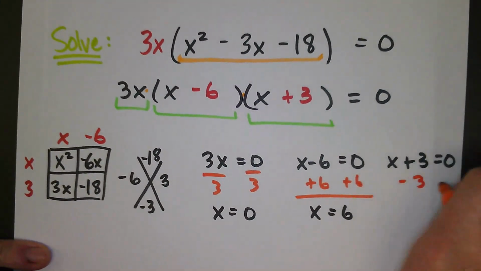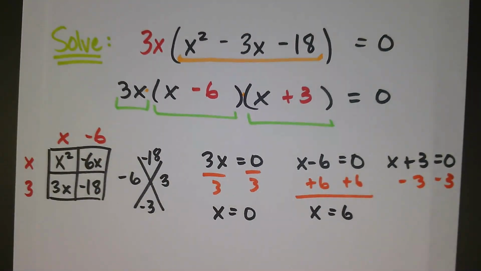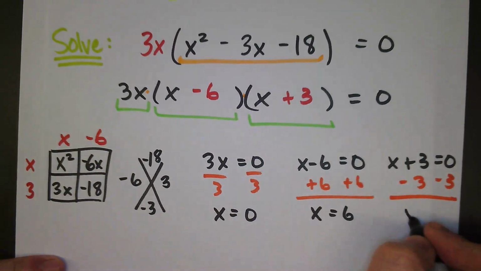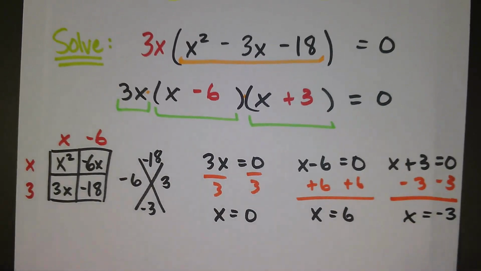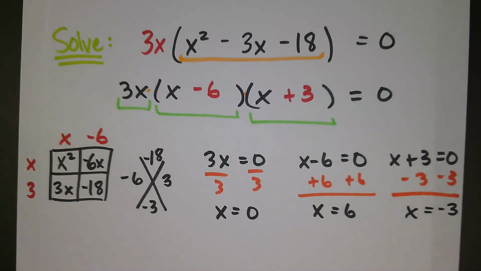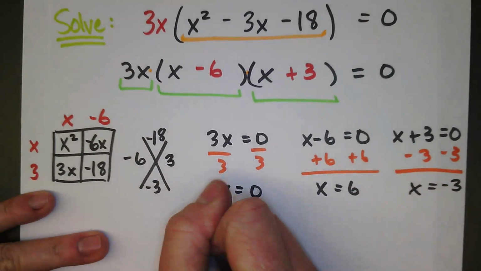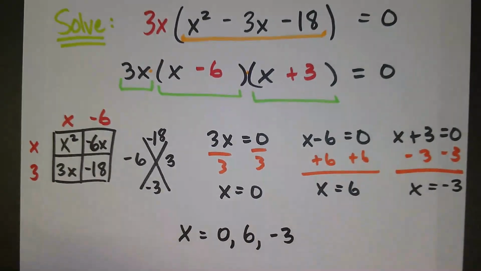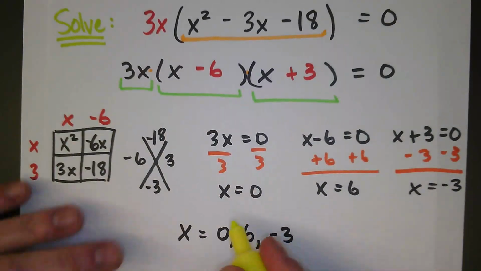And here I'm going to subtract 3. And then let's see, I'm going to get x equals -3. So these are my final answers, 0, 6, and -3. And I can leave it out like that, or I can list them all together and say my answers are 0, 6, and -3.